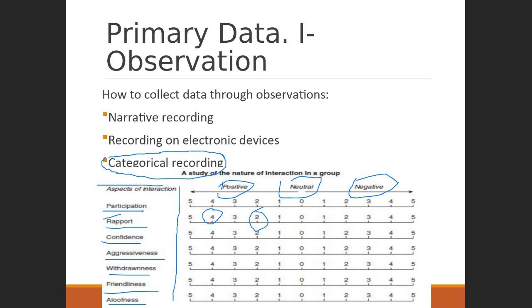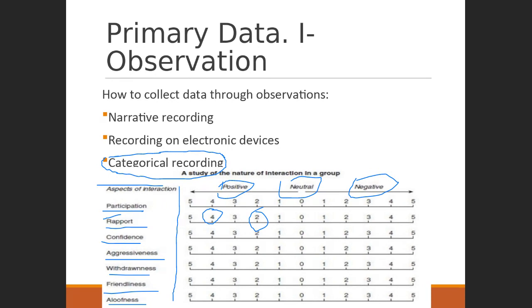Using categories to record observations may be beneficial as you do not need to spend time on taking detailed notes, and it can help you concentrate more on the action that is taking place in front of your eyes. But the problem with categorical recording is that it does not provide specific and in-depth information about the interaction. So this is one of its downfalls.